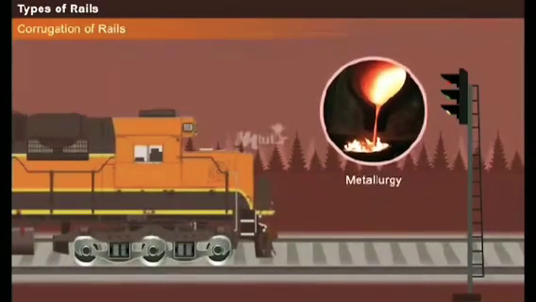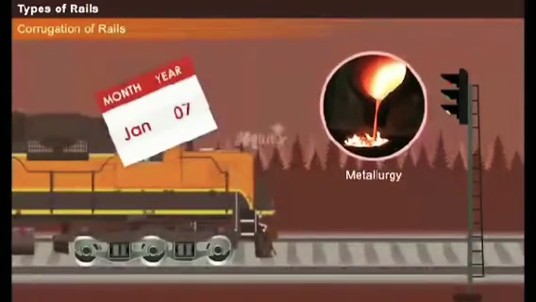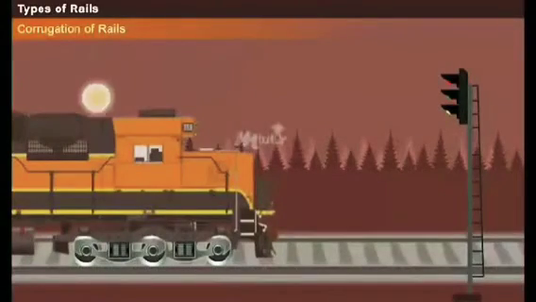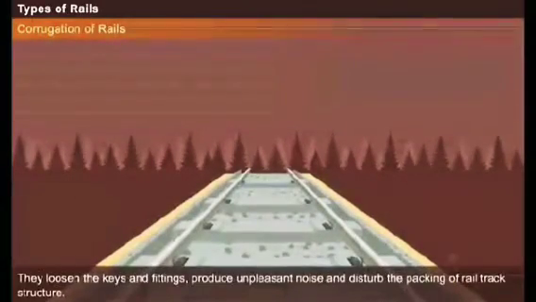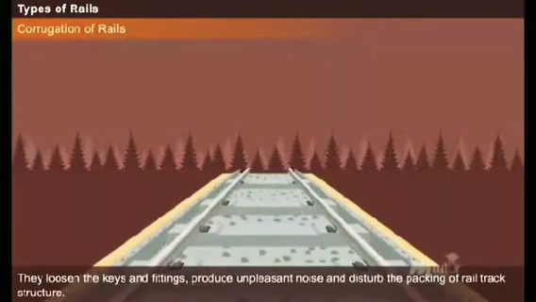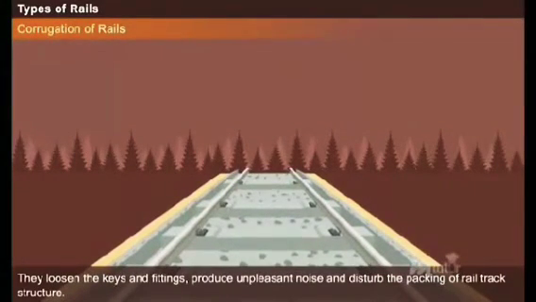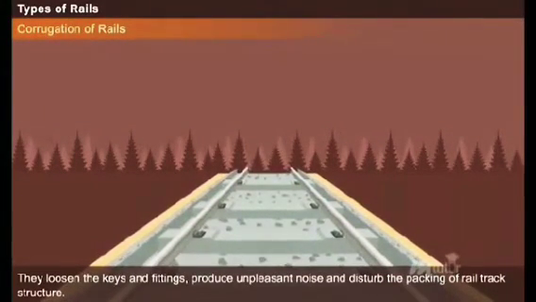These corrugations are formed by various factors such as train operations, metallurgy, the age of rails, environmental conditions, presence of sand, etc. They loosen the keys and fittings, produce unpleasant noise, and disturb the packing of rail track structure.